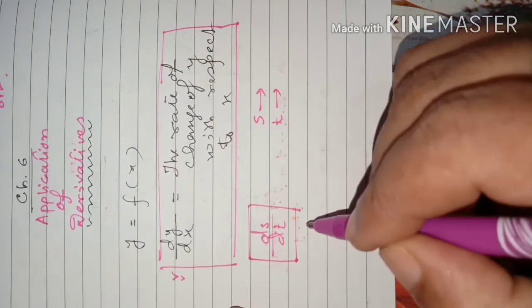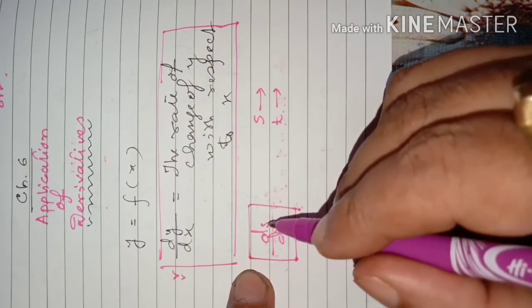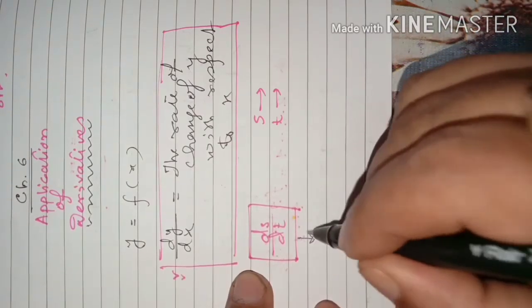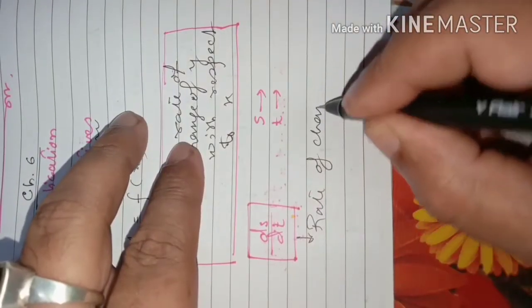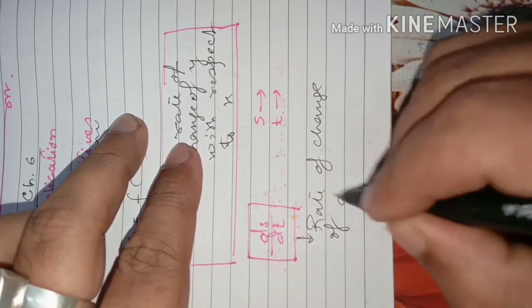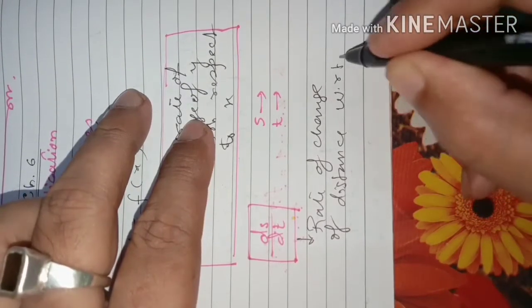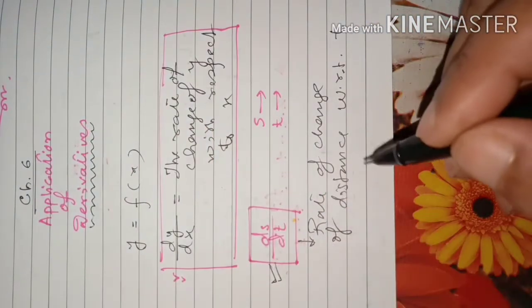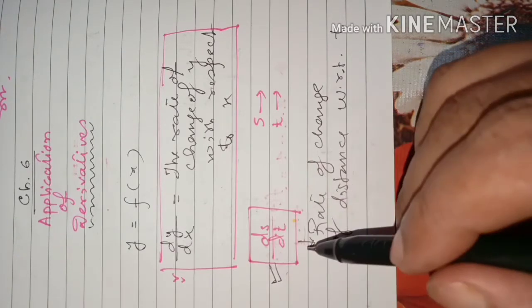The speed of the moving object, meaning the rate of change of distance with respect to time. This rate of change of distance with respect to time is a derivative only, a first order derivative.